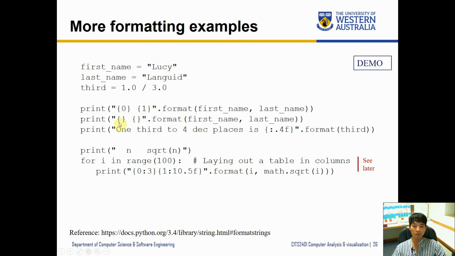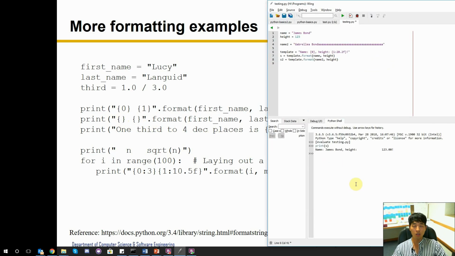So if you don't specify values inside the curly brackets, then by default, it will map out one item at a time into the string. So the first item will go into the first bracket, second item will go into the second bracket, and so forth. Okay. You cannot suddenly decide to put the location of items later on. So here, let's just do this. Nothing.